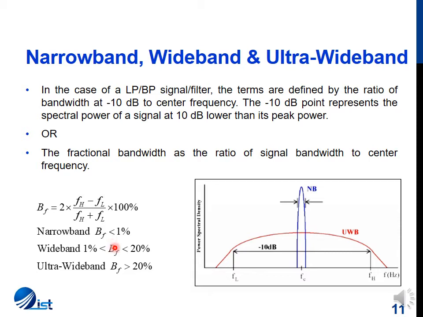A wideband filter is one where the fractional bandwidth varies between 1 and 20%, and an ultra-wideband signal or filter is one whose fractional bandwidth is greater than 20%. In this figure you can see this clearly, and you can also see that the frequencies are plotted against the power spectral density or the ESD to define what kind of bandwidth this filter occupies.